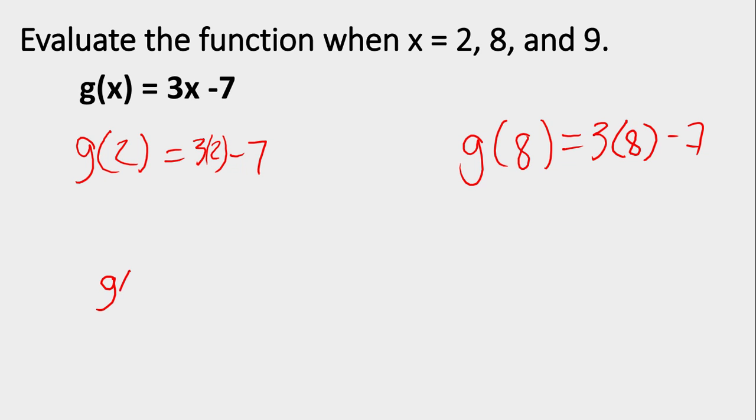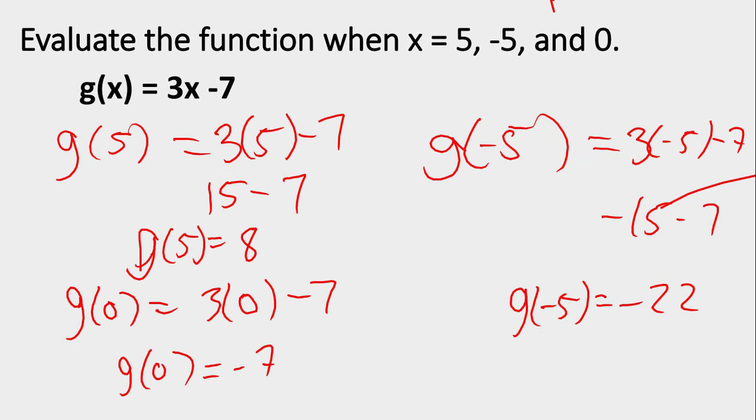And g of 9 equals 3 times 9 minus 7. 6 minus 7. Domain: 5, negative 5, 0. Range: 8, negative 7, negative 22. I got you confused enough yet? Good.